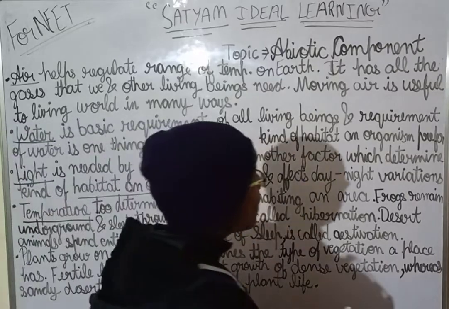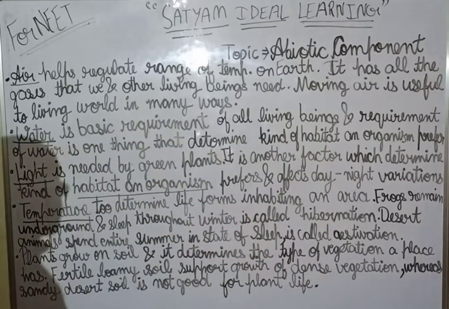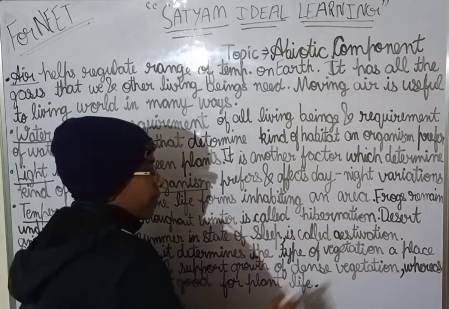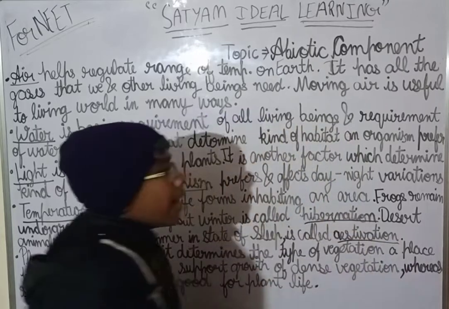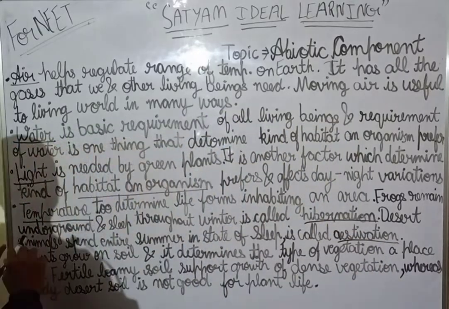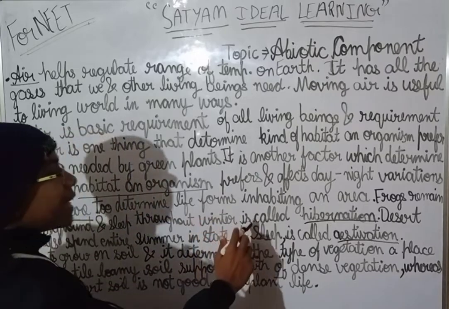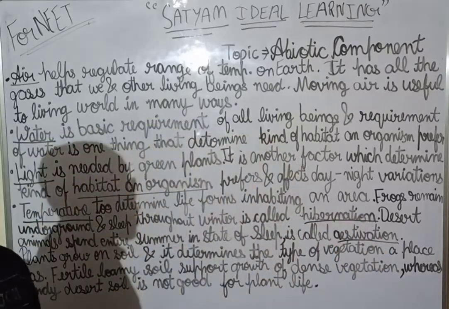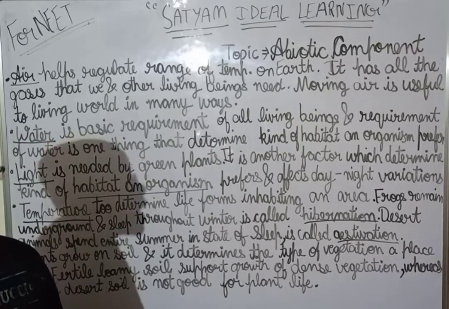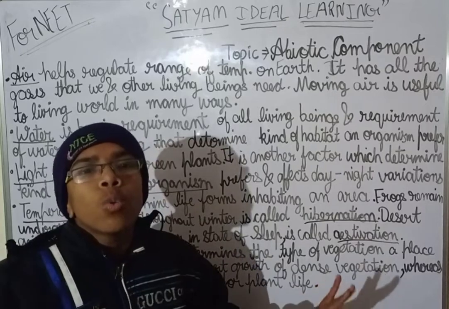Now, we will be discussing hibernation and estivation. Frogs remain underground and sleep throughout winter, and it is called hibernation. There are frogs and some more animals which remain underground throughout the whole winter.